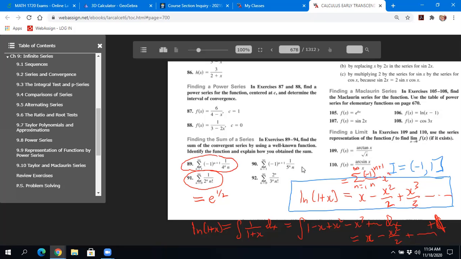Look at this one right here. What does it look like I've plugged into the logarithm 1 plus x formula to get that series right there? Sum n going from 1 to infinity of minus 1 to the n plus 1, 1 over n, 4 to the n. What does it look like I plugged in for x? What do you guys think?